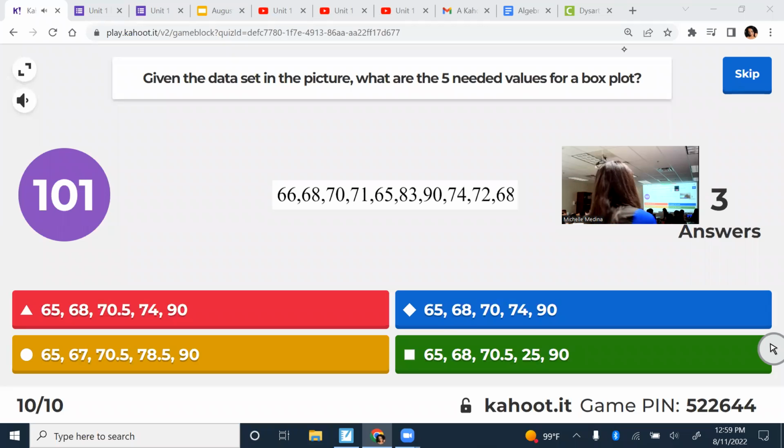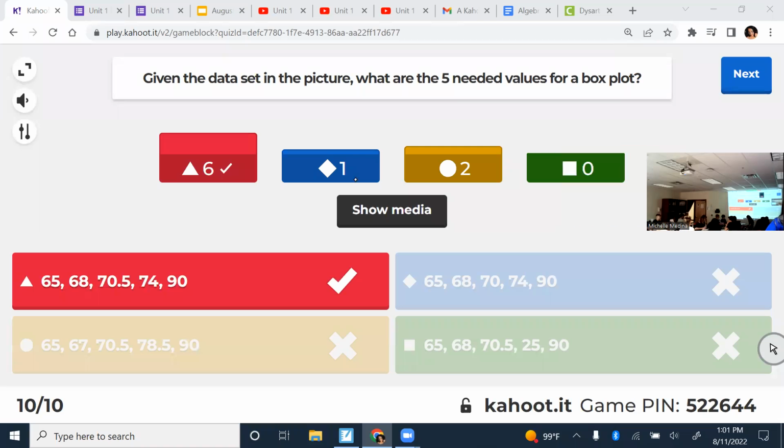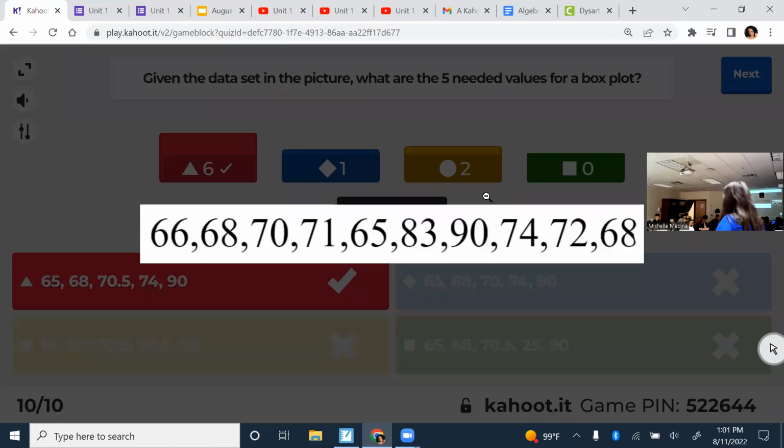So given the data set in the picture, what are the 5 needed values for a box plot? All right, so what's the first thing that you should probably do before you look for the median? No, you don't need the average for your box plot.